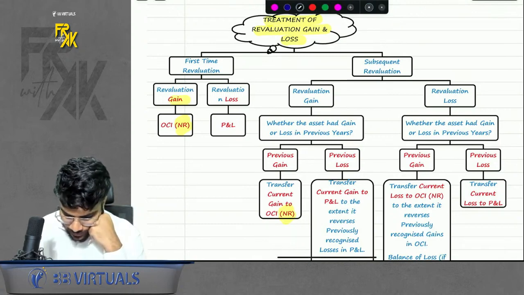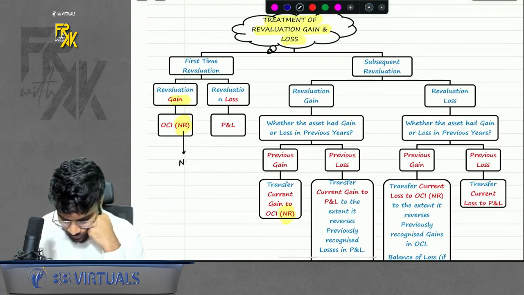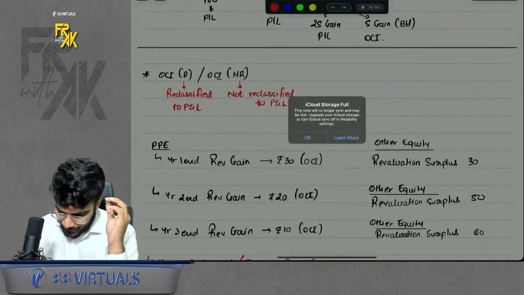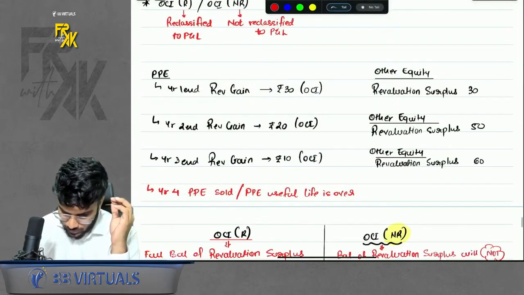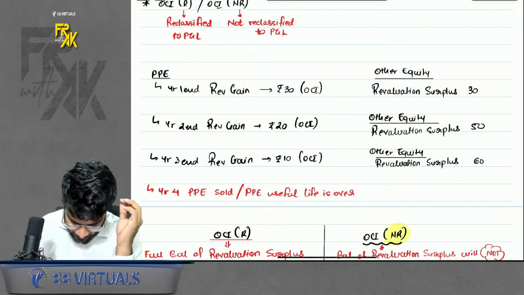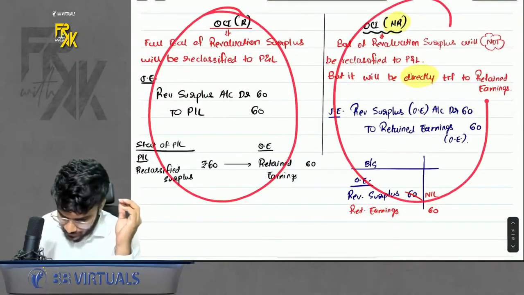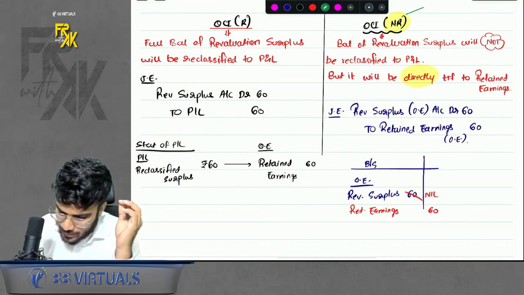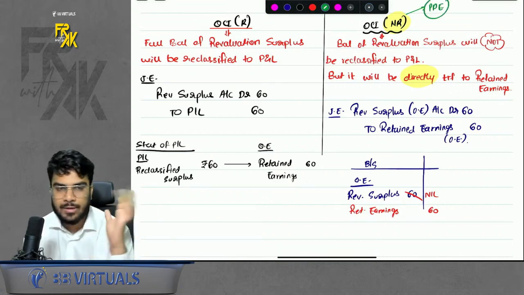For PPE, it is clearly written that you have to follow NR. So for PPE, we will follow NR. That is, the routing will not be done through PNL, it will be directly transferred to other equity. That's it.